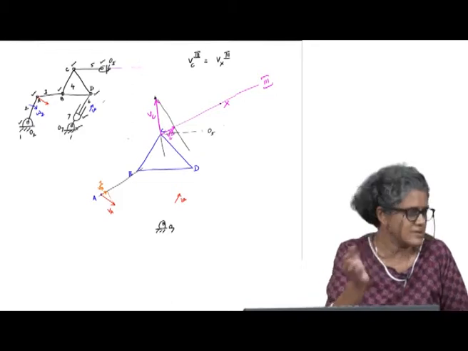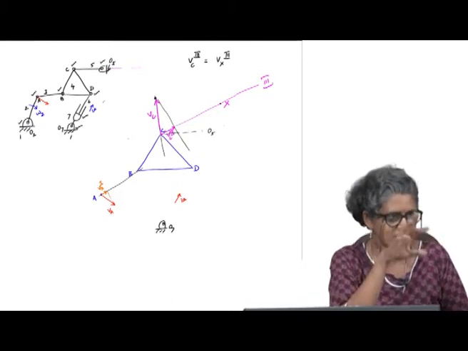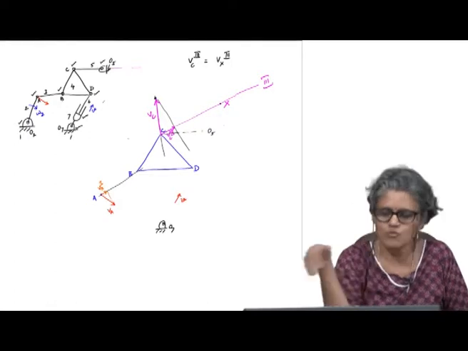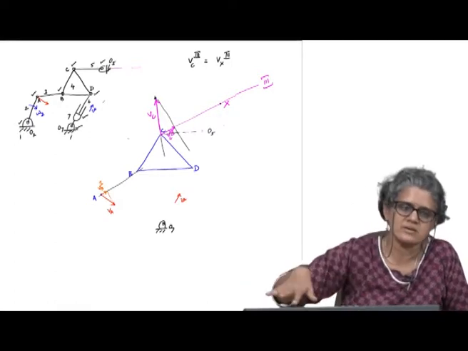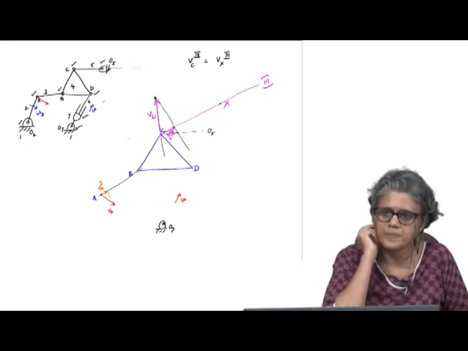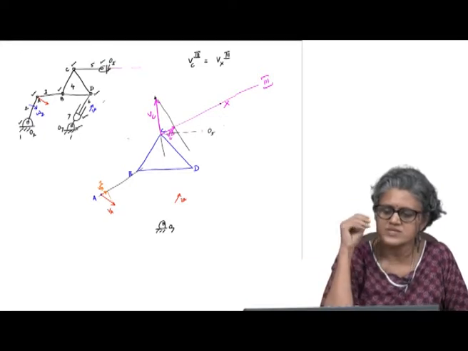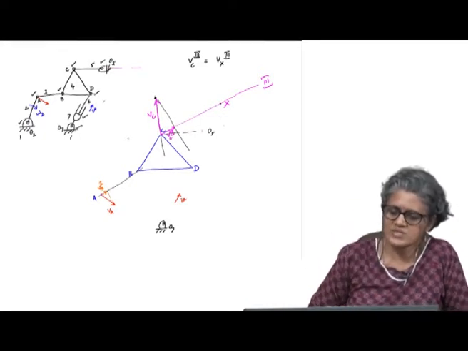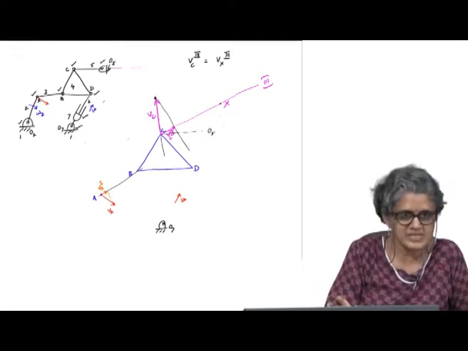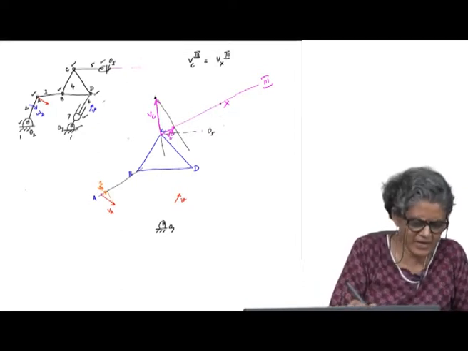I could have picked, out of 1, 2 and 3, some other auxiliary point also, whatever is available in my working area. Once I do this, I now have the absolute velocity of C, which means I can find omega 5.